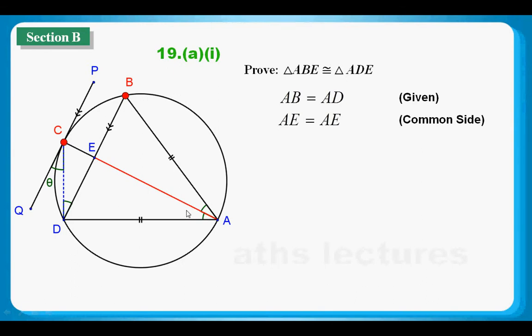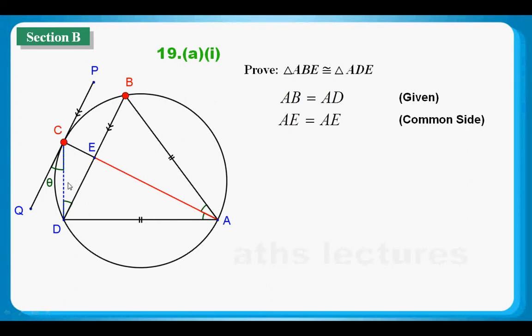Okay, and because this line is the transversal of the parallel lines, then I also have theta at D, which is alternate angles. Very good.